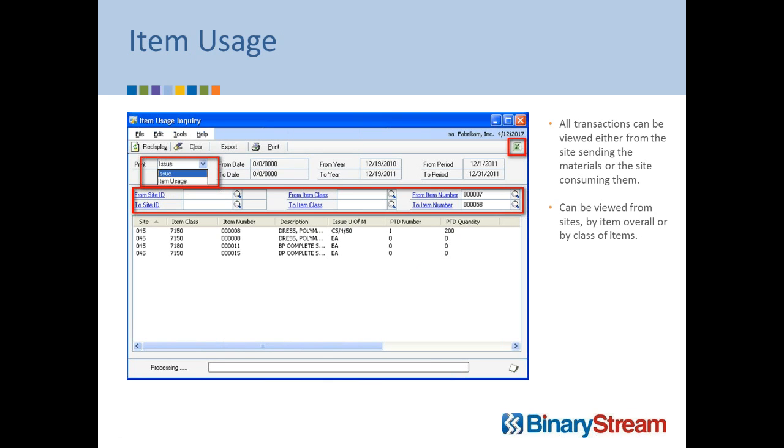This is a very, very important tool for almost every materials manager within healthcare. You've got to know when and where those materials are moving. And lastly, as in almost all Binary analysis screens, you'll see that you can export this report to Excel for further analysis.